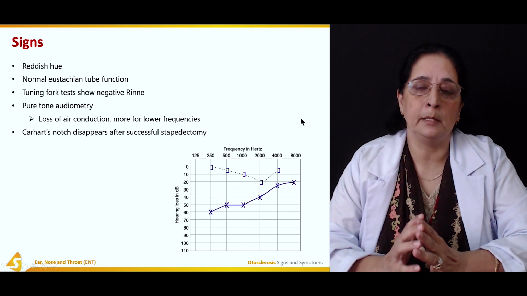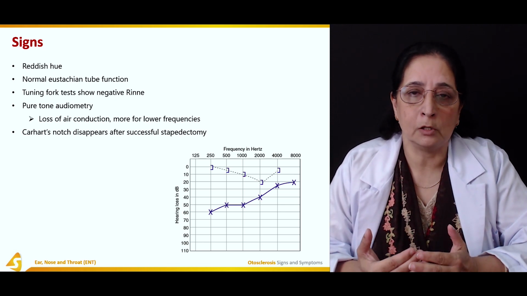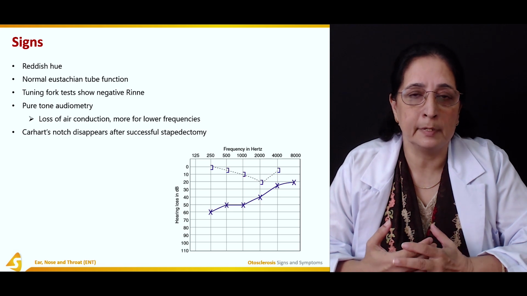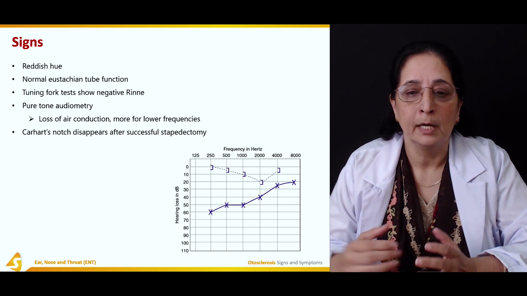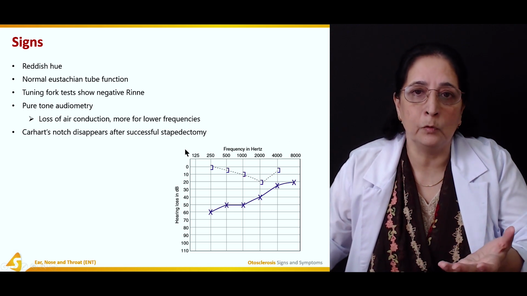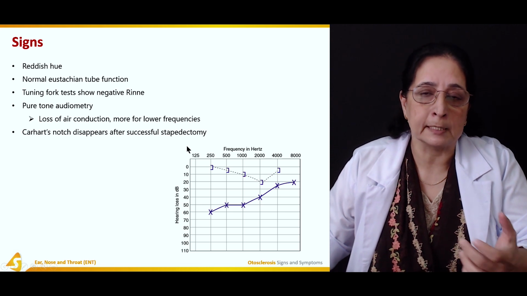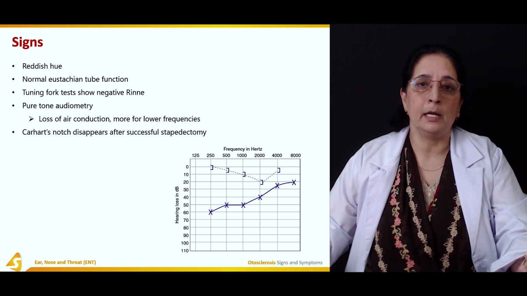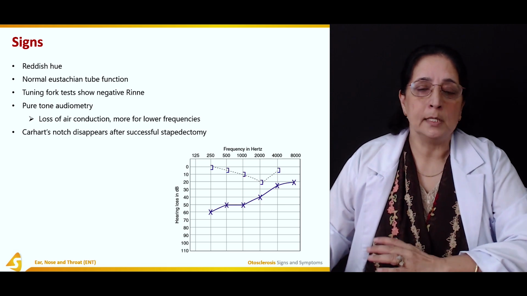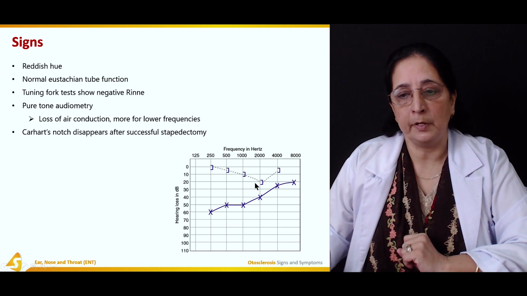So once the surgery is performed to cure the otosclerosis and the stapes is removed, which is known as stapedectomy. Ectomy is removal. So stapedectomy is removal of the stapes. So surgical treatment is stapedectomy. Once that is performed, the Carhart's notch disappears.